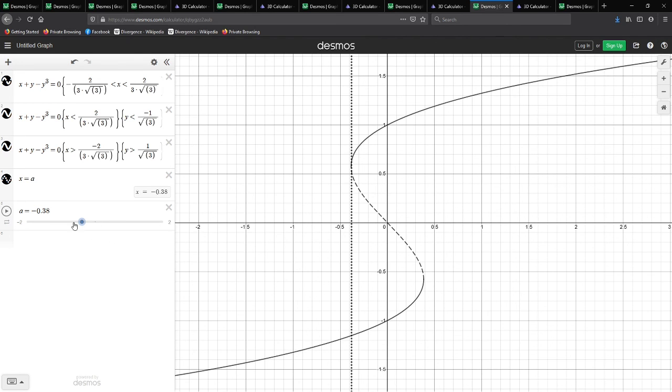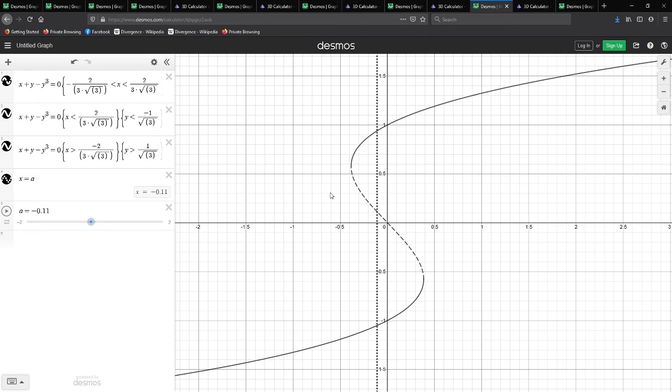One is stable, one is unstable. And then when lambda is between negative 2 over 3 root 3 and positive 2 over 3 root 3, you have the appearance of three critical values, and you have a loss of stability in the middle one. The middle one is unstable.